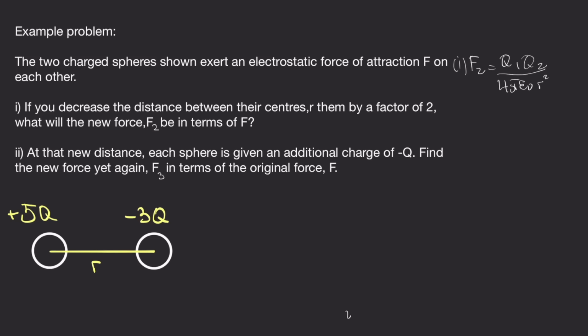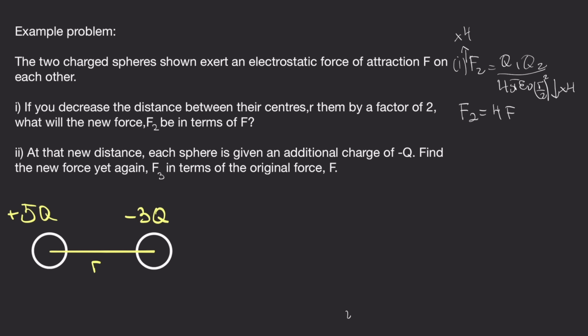Now, if r is reduced by a factor of 2, then the denominator of the fraction will decrease by a factor of 4, meaning that the new force will increase by a factor of 4. Because of that, F2 will be 4 times the original force.